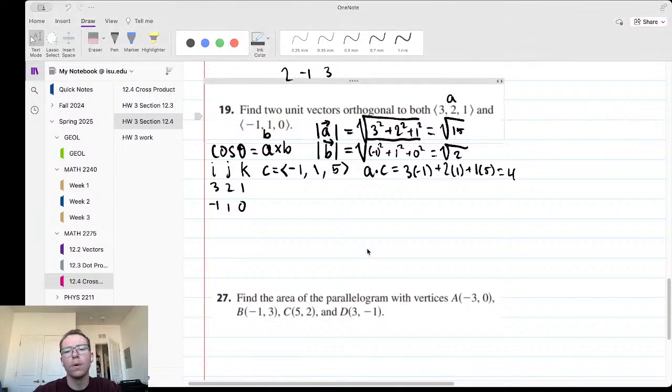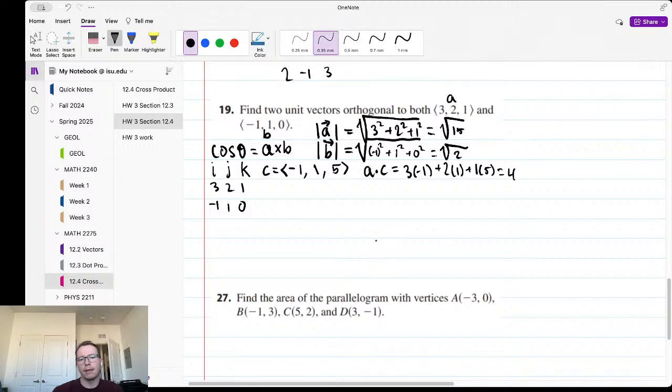Oh, I know what I did. The second one is supposed to be a negative, whether you like it or not. So that would be a negative 1 here, and that becomes 0. So it is orthogonal. Okay.